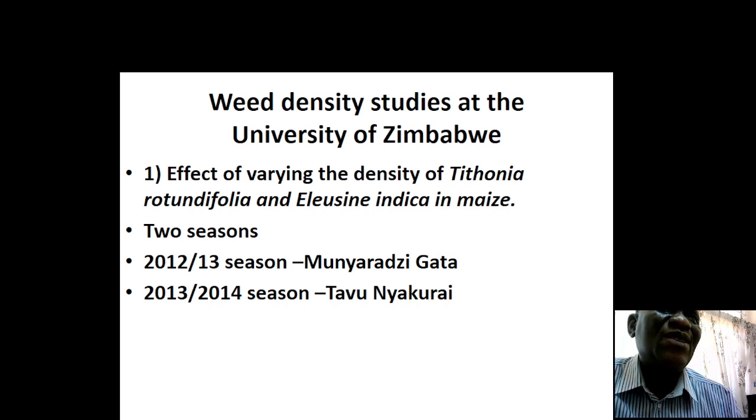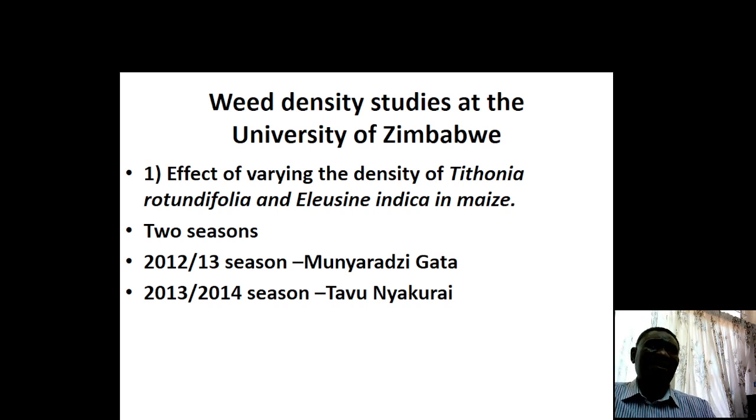Here we've got 2 students who actually did an experiment varying the density of Tithonia rotundifolia and Eleusine indica in maize.